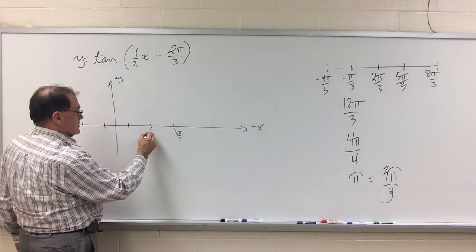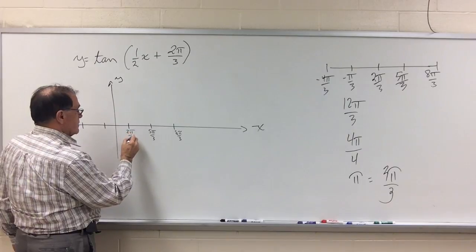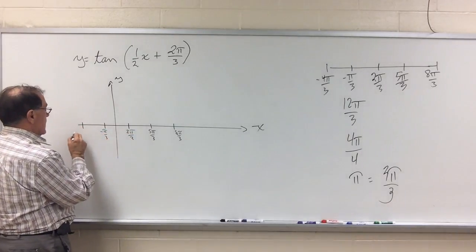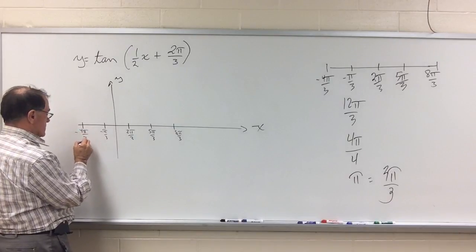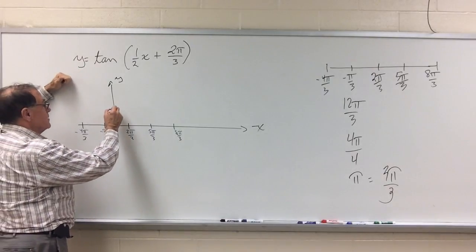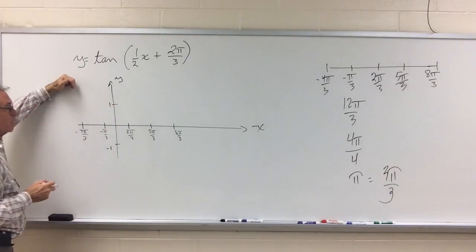The amplitude for sine and cosine is 1, negative 1.